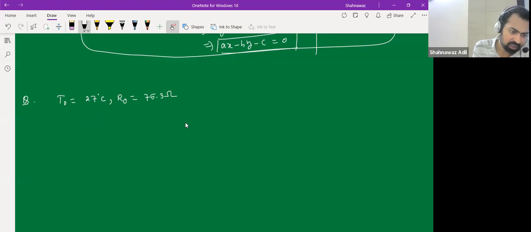So this is a different question, right? We need to calculate, when the toaster is connected. So this was the initial condition. Now the toaster is connected to a voltage supply. The voltage is 230 volt.